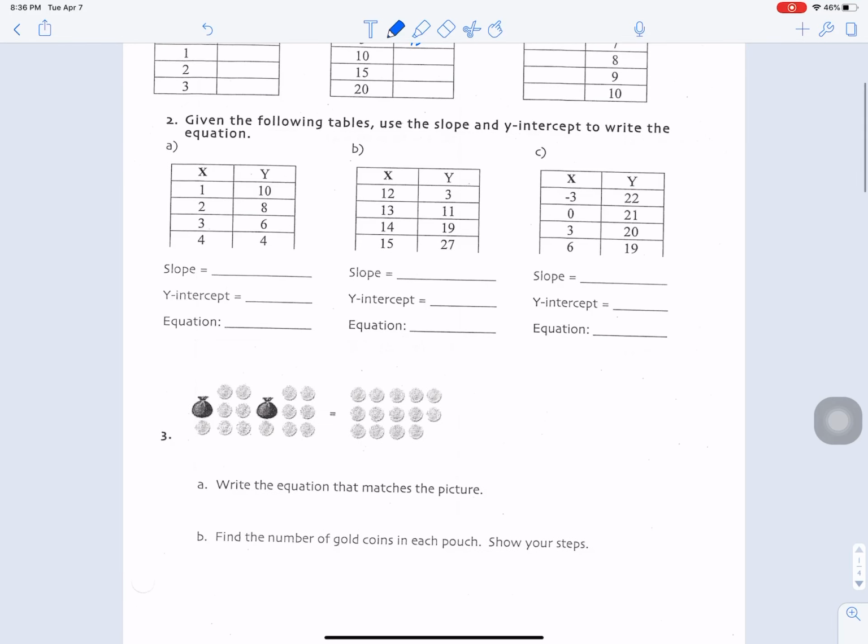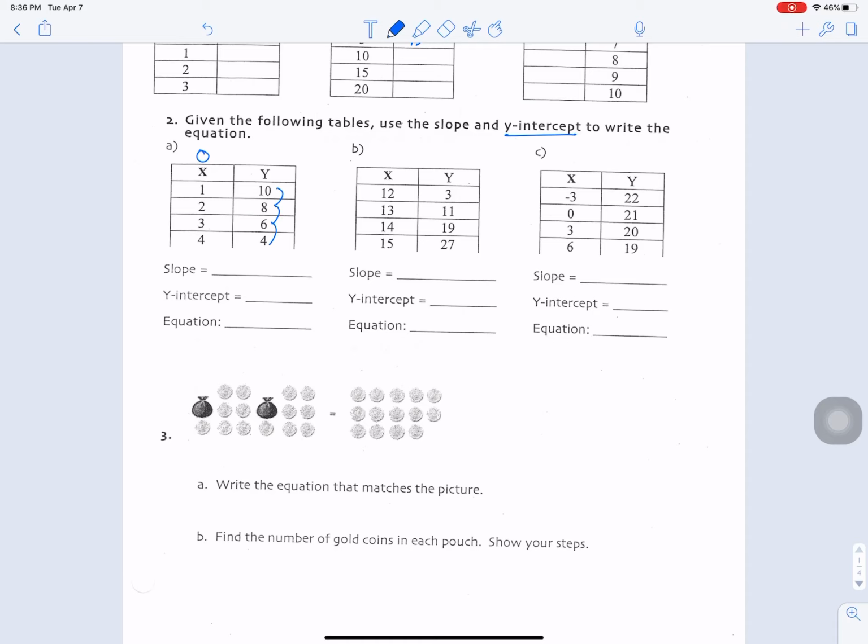Here on number 2, given tables, use the slope and the y-intercept to write an equation. One thing that I would suggest, because you're going to have situations like this on the unit test, is to always find where the y-intercept is. You know where the y-intercept is if x is 0. Sometimes the table doesn't have x equals 0, so you have to look for patterns.